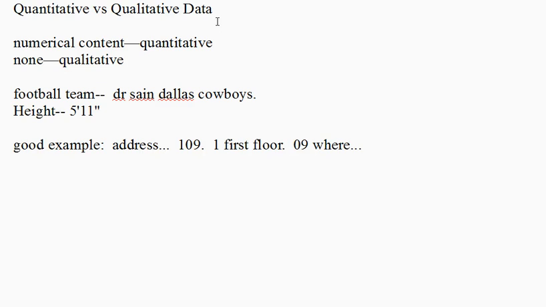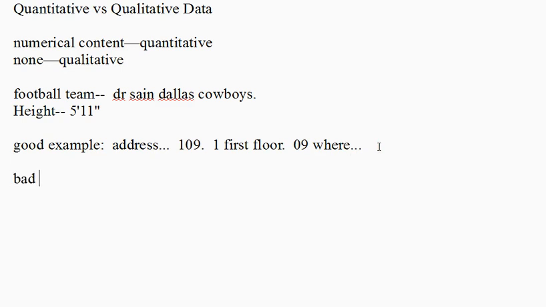Our numbers are, you start at the east end of the hallway, then the odd numbers are on the right, evens are on the left. So it's 1, 3, 5, 7, 9, so it'd be the 5th door on the right-hand side of the hall. So this is quantitative data because, first of all, I gave you a number describing my office, and the particular value of that number tells you something about my office.